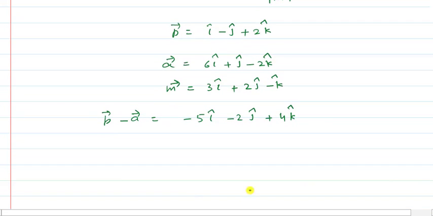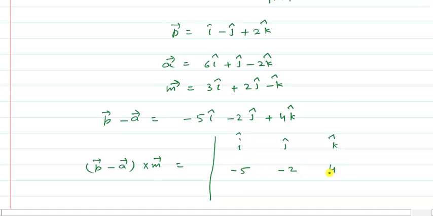So let us find vector p minus vector a cross m vector, which you know very well can be calculated by using a determinant. First of all, let us write i, j, k, then the coefficients of i, j, k from p minus a, that is -5, -2, 4, and then the coefficients of i, j, k from vector m. These are 3, 2 and -1.